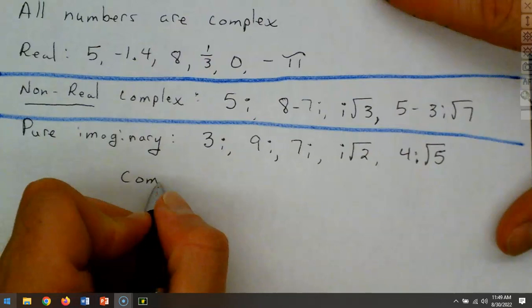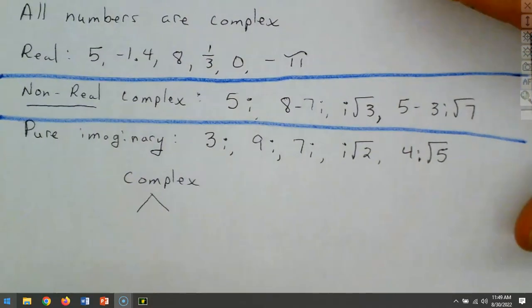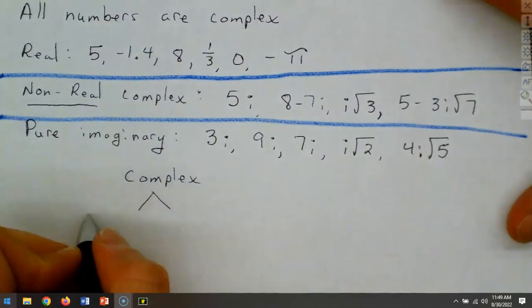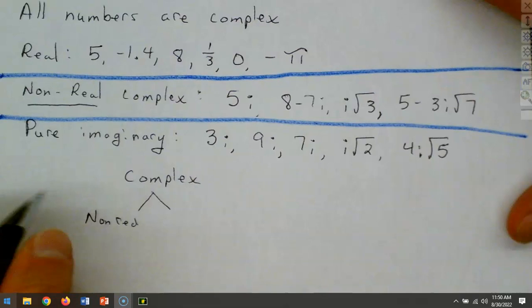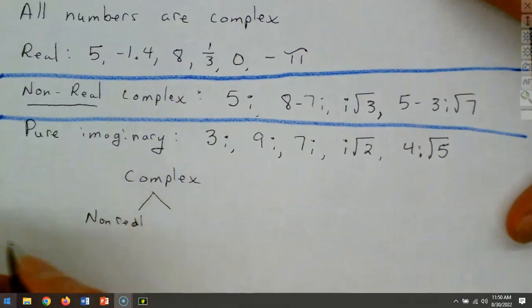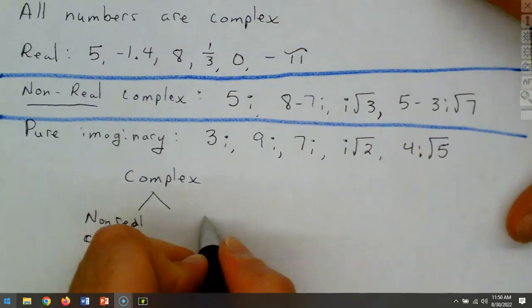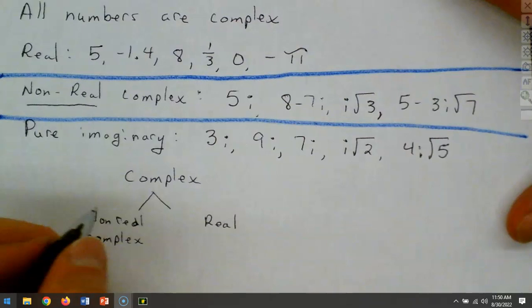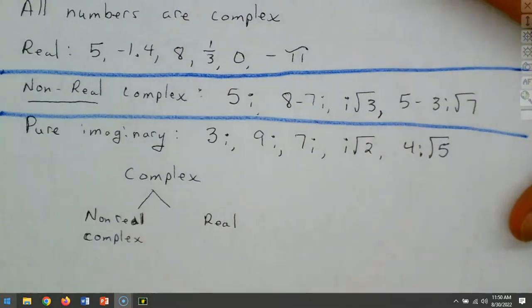And at the top, we have our complex numbers. And then we break our complex numbers down into non-real complex and real.